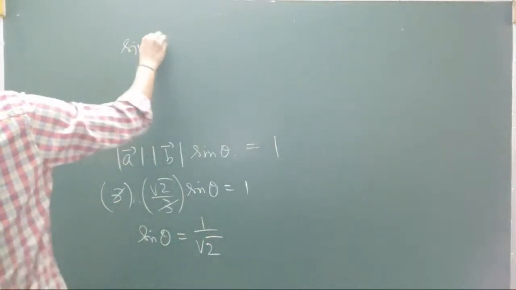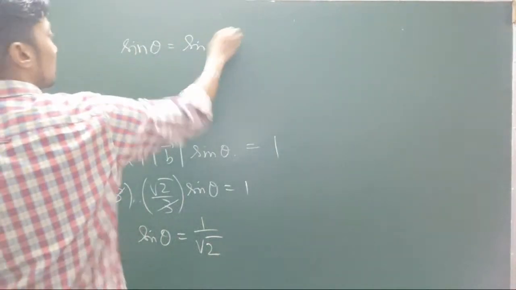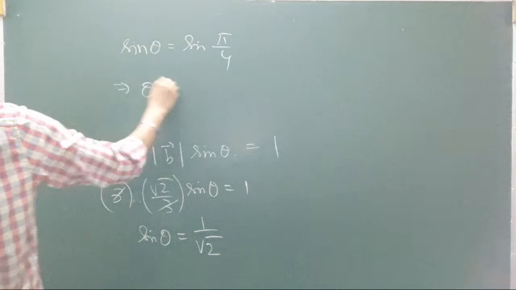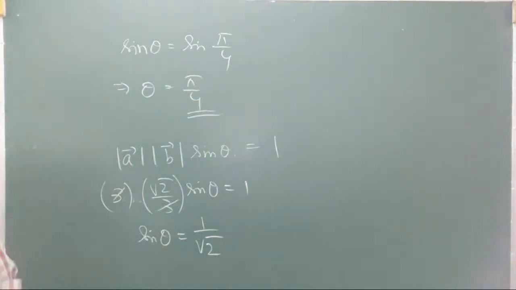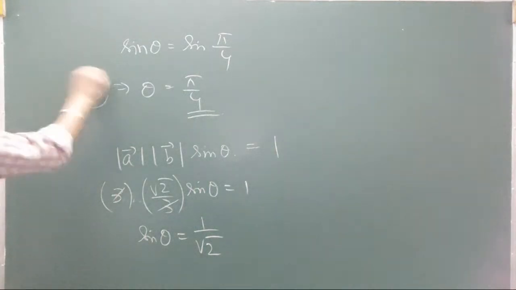So sine theta equal to what? Sine pi by 4. As for the given options, we will be having theta as pi by 4, number B.